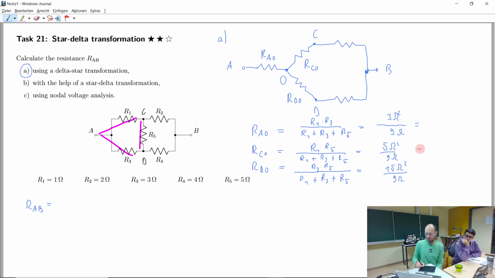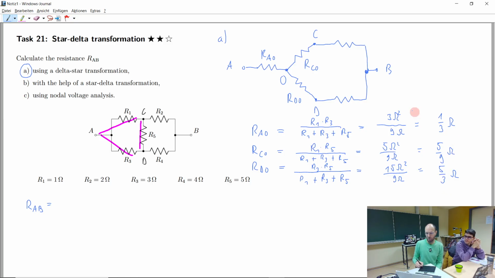Okay, and so then we can just calculate the stuff, and yeah, 3 divided by 9 is 1/3 ohm. 5 divided by 9, I will just leave it like this, and 15 divided by 9 we can divide by 3, so it's 5/3 ohm.